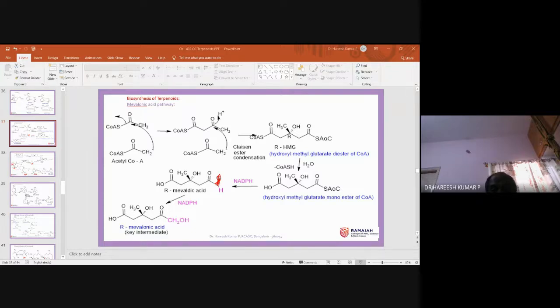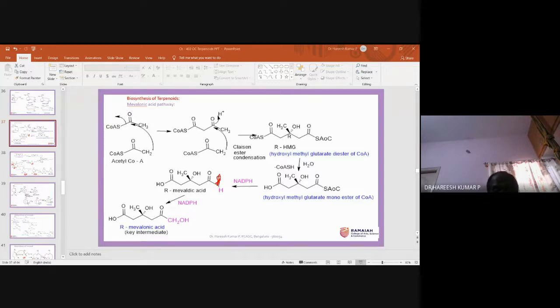You know that this key intermediate, you can consider 1, 2, 3, 4, 5, is a five-carbon unit, isn't it? A five-carbon unit is nothing but an isoprene unit.